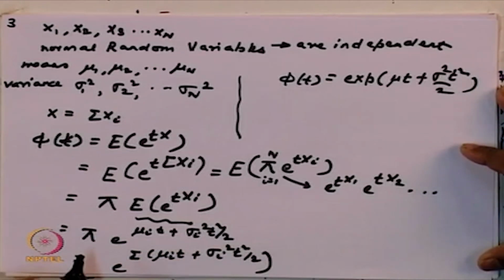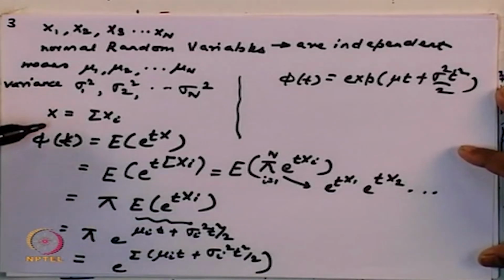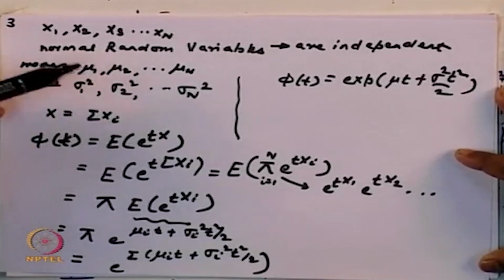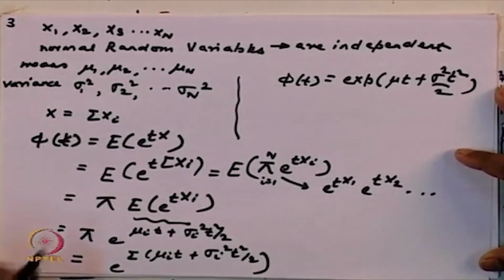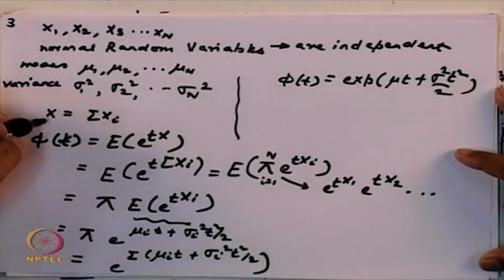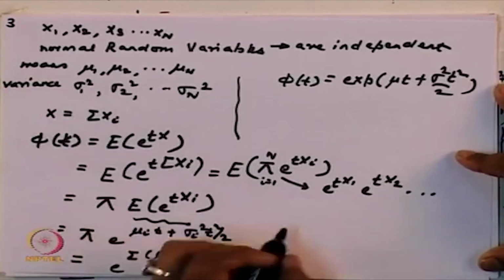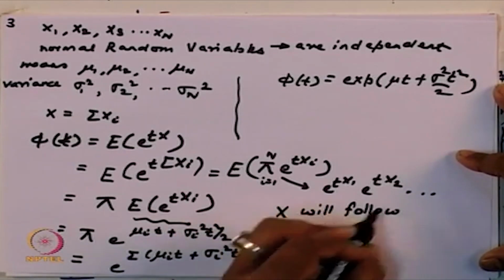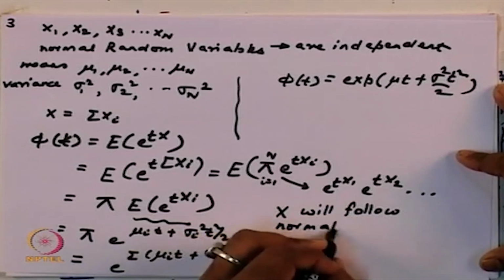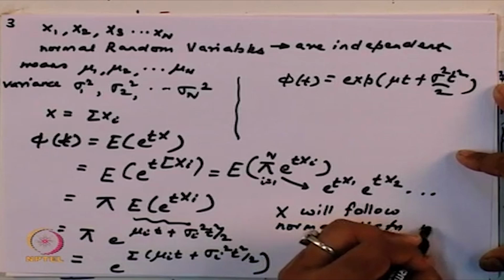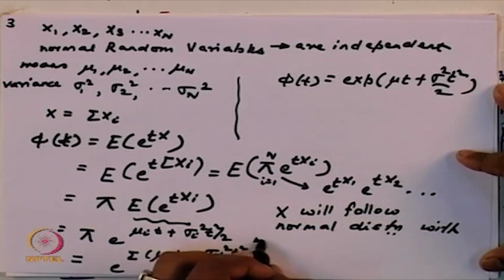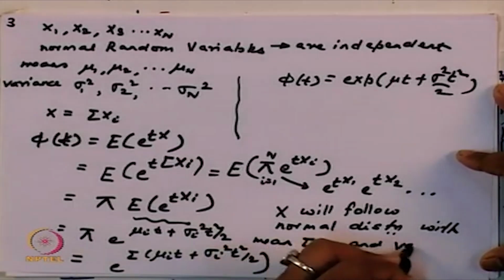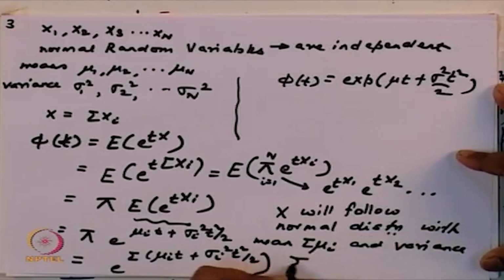This tells you that for the random variable which is defined as the sum of these independent normal random variables, x will follow a normal distribution with mean summation of mu i and variance summation of sigma i square.